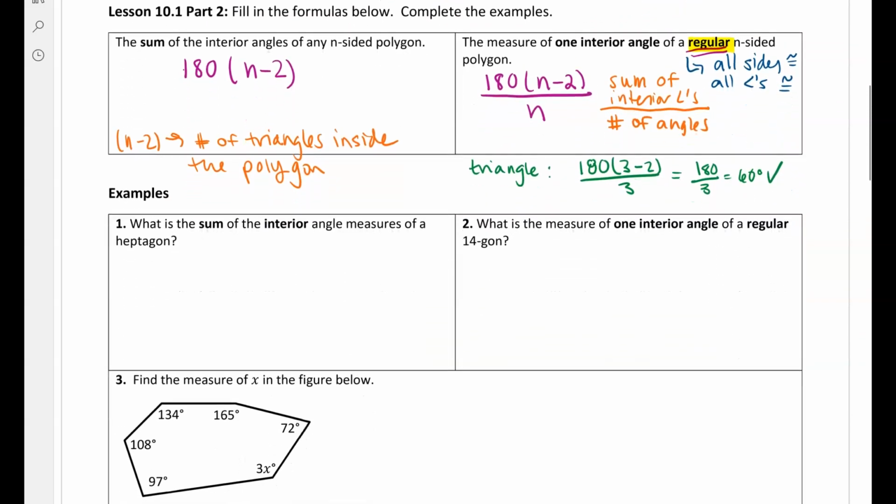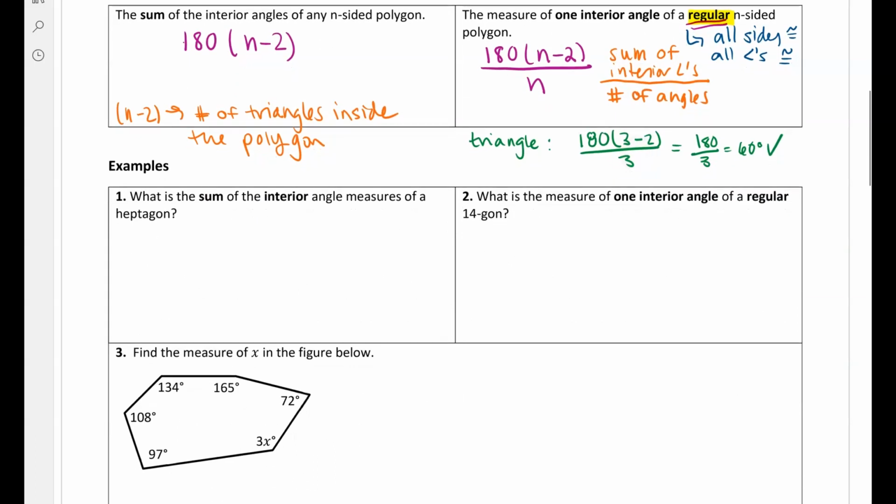All right, we're going to work a couple of examples with that information. In example 1, what is the sum of the interior angle measures of a heptagon? First, we need to know that a heptagon has 7 sides, from the prefix hept. So we want to use the formula 180 times n minus 2.